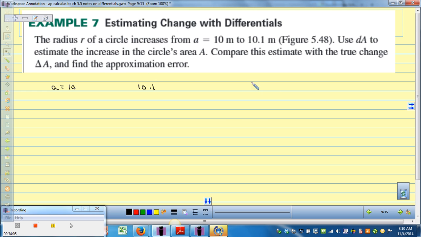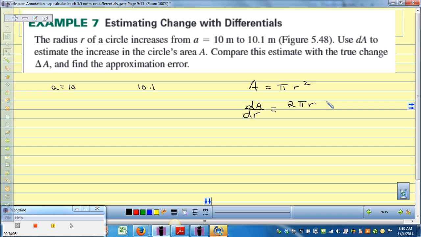So area of a circle is what? Pi r squared. Okay. And if I want the differential in area, well, we would take the derivative of area with respect to the radius, which equals 2 pi r.